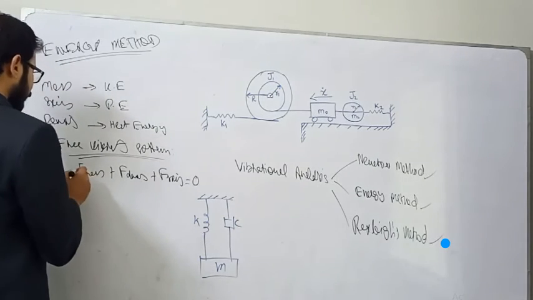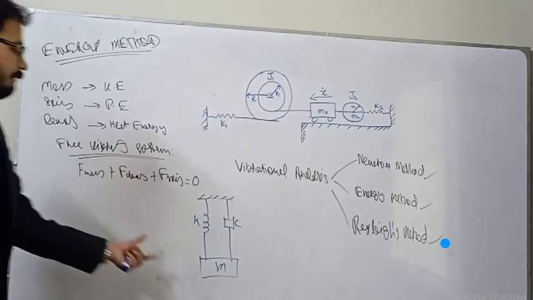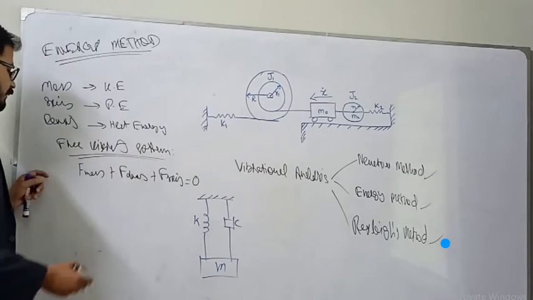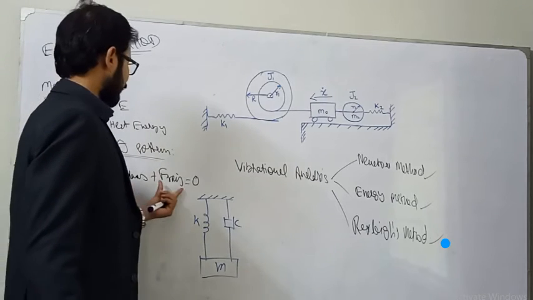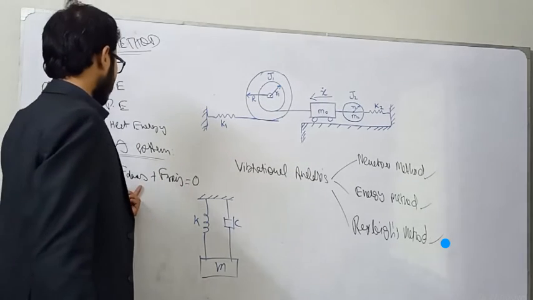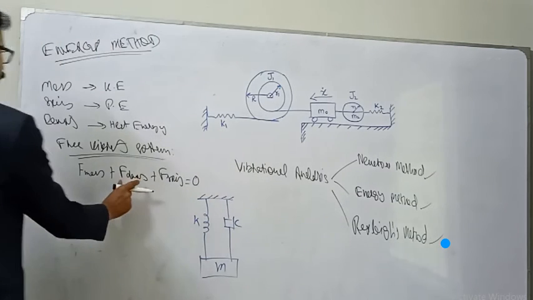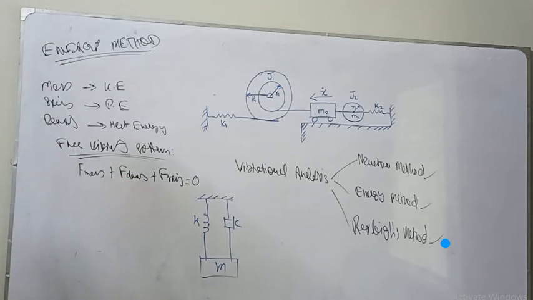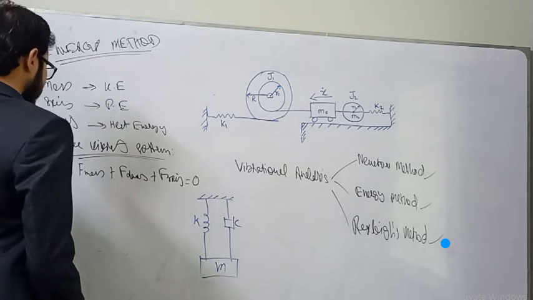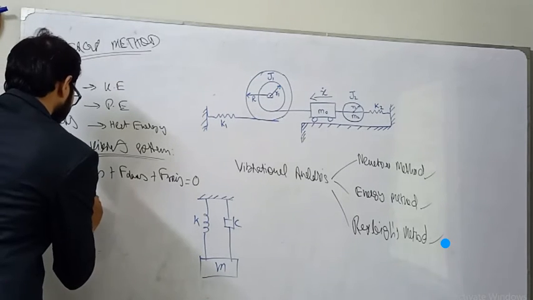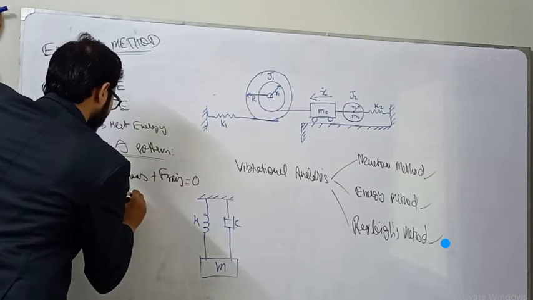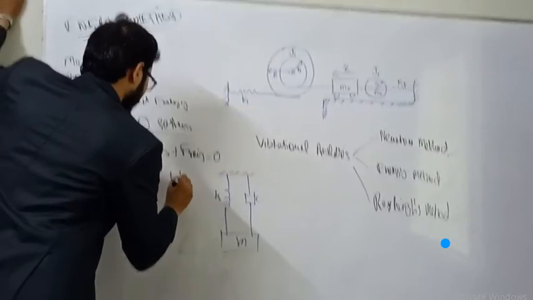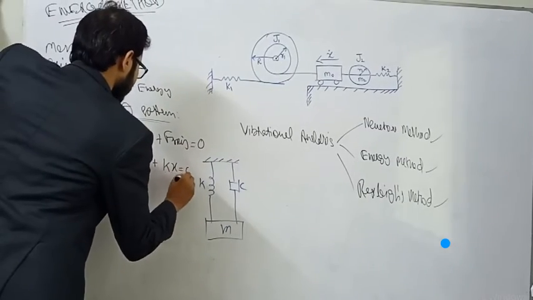The force associated with the mass is related to kinetic energy. The force responsible for the spring will be related to potential energy, and this will be the heat energy force. We need to know how we can convert all of them into possible types of forces. So we can write mx double dot plus cx dot plus kx is equal to 0.